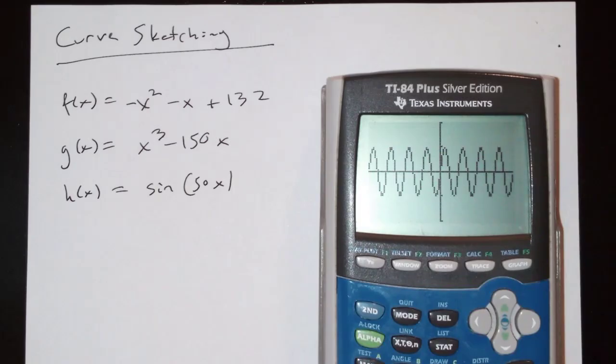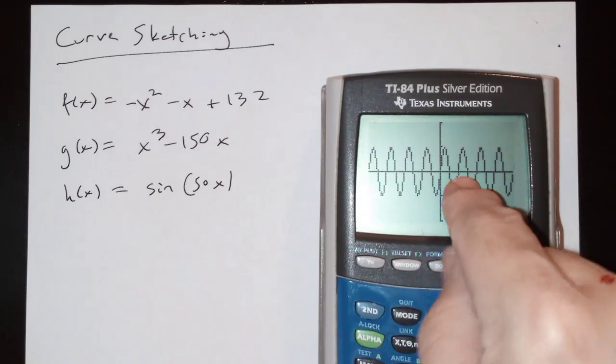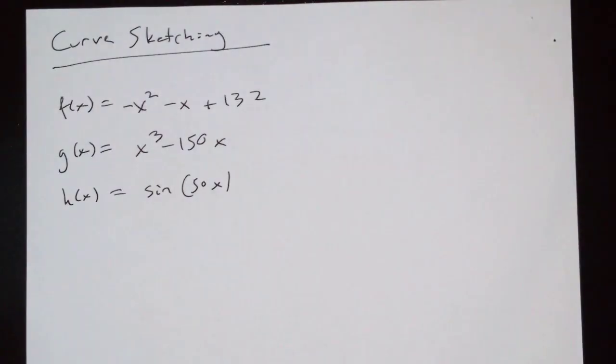So how do I know what to do here to get myself a good picture? By the way, the strategies I'm about to discuss existed well before graphing devices. These ideas actually work for drawing these graphs by hand. But I have a computer that's going to do this.